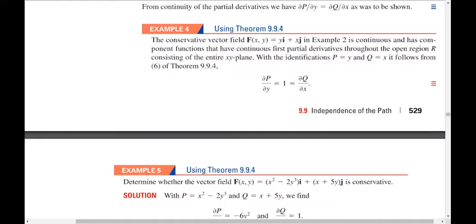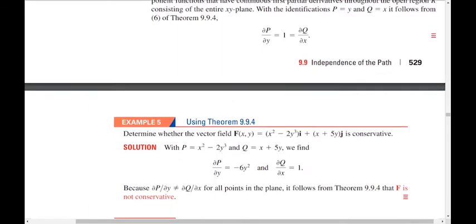It is 1. And what is ∂Q/∂x? It is again 1. Also, the functions P and Q are continuous and they have continuous partial derivatives. So all the conditions of theorem 9.9.4 are satisfied, and also ∂P/∂y is equal to ∂Q/∂x. So using the theorem, the vector field given is conservative.